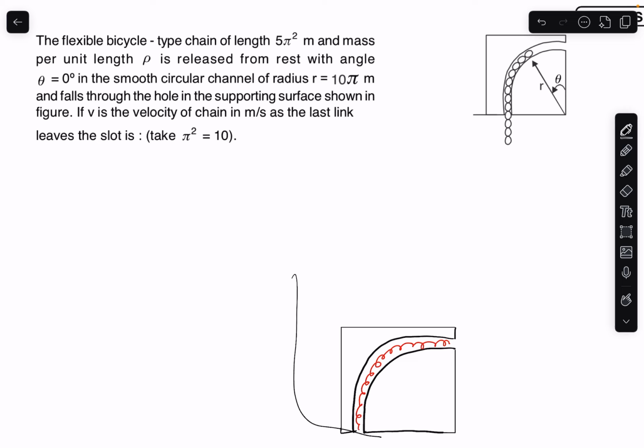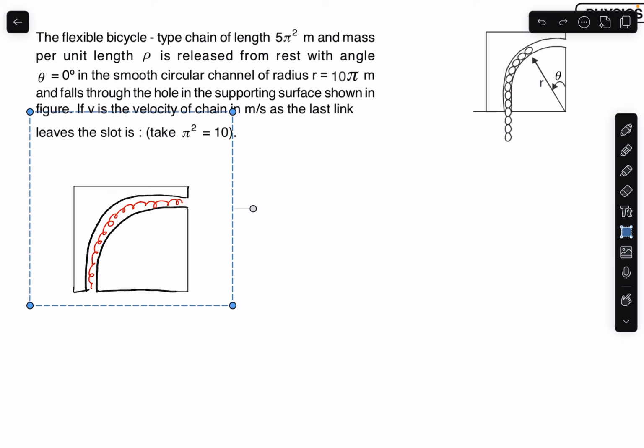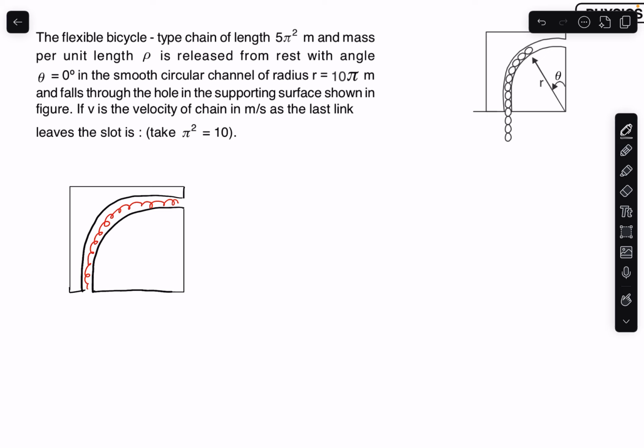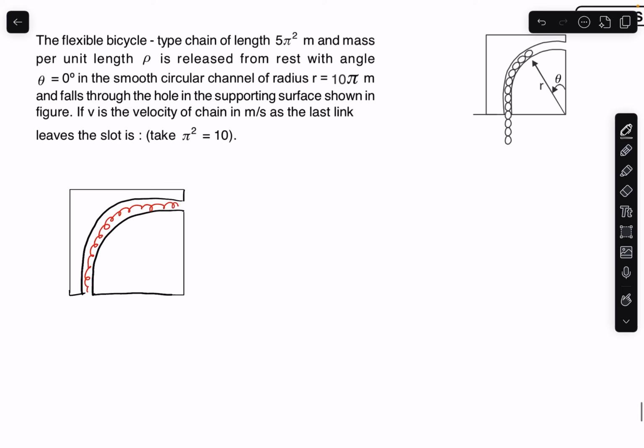So I have the diagram here. Initially, this was the configuration of the chain, and the socket or the hole is in the form of a quarter of a circle, and you can verify that this chain will completely fill this quarter circle.